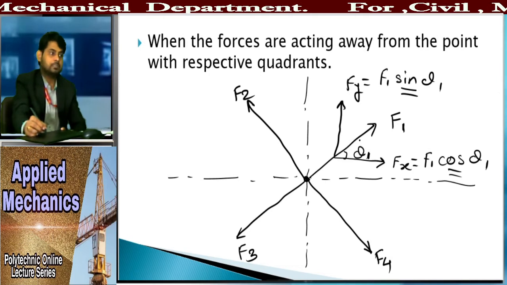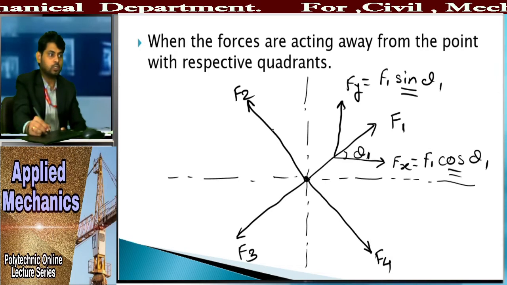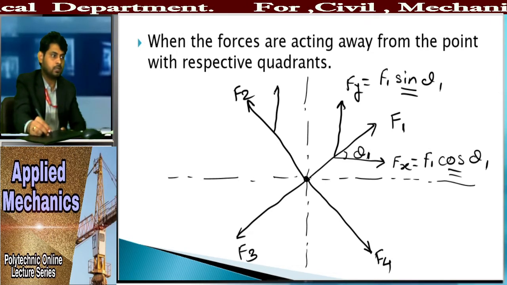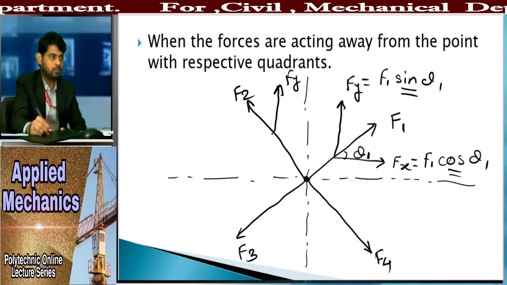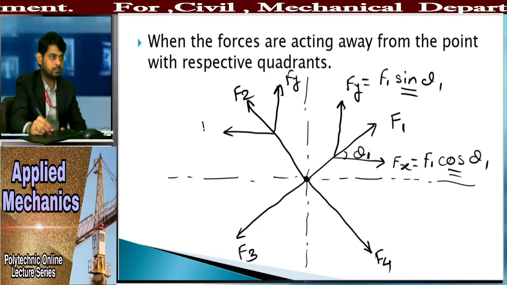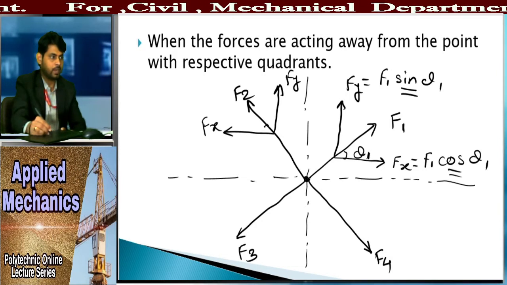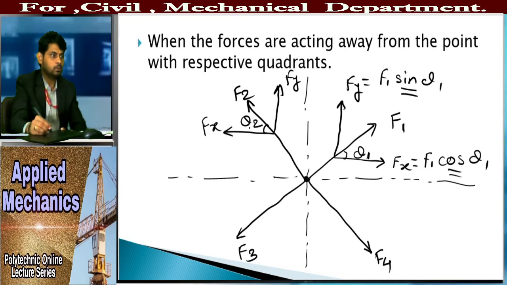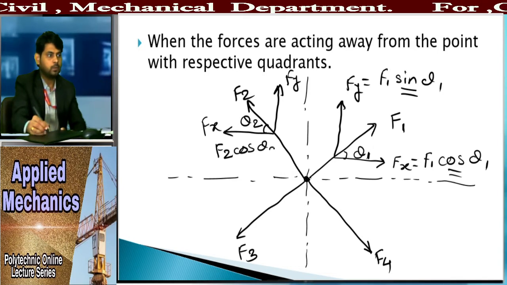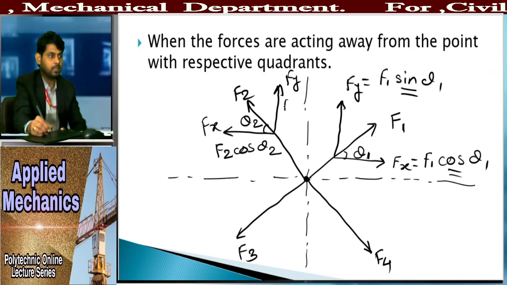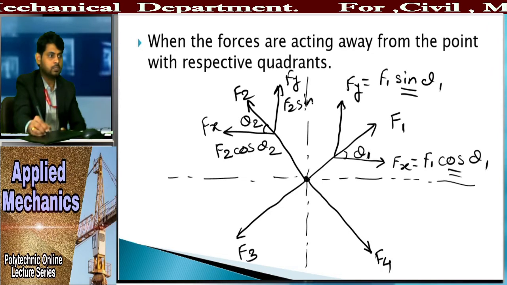Similarly, the resolution for F2 is here. This is your Fy and this is your Fx, and here is your angle theta 2. So Fx is nothing but F2 cos theta 2, and Fy is nothing but F2 sine theta 2, right?